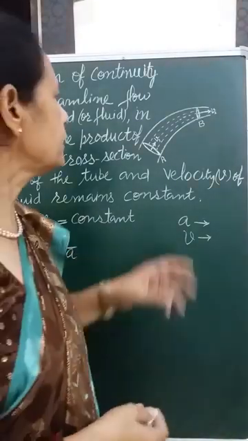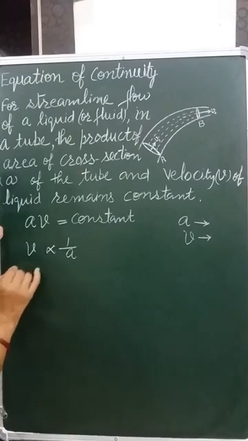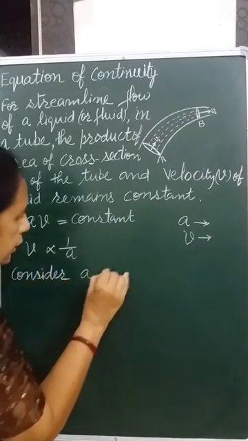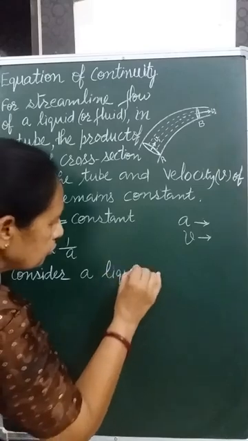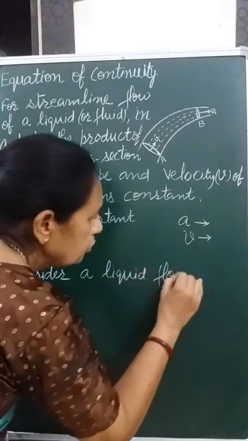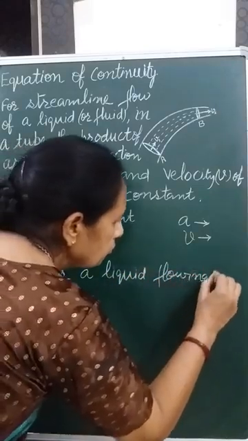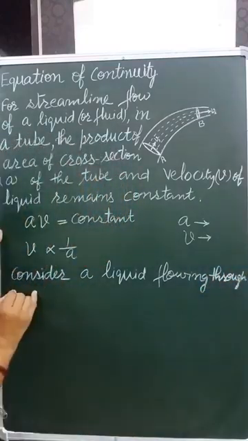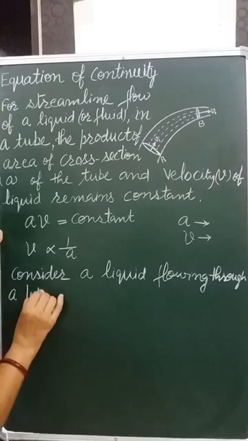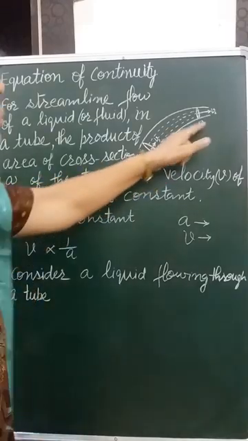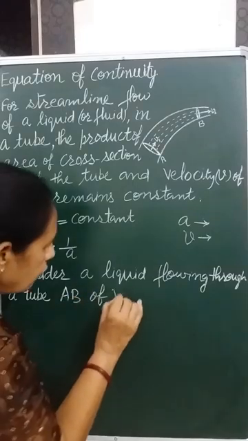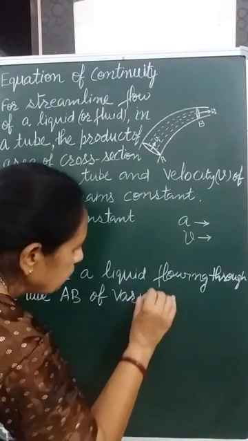Well, to prove it, let us consider a liquid flowing through a tube AB of varying area of cross section.